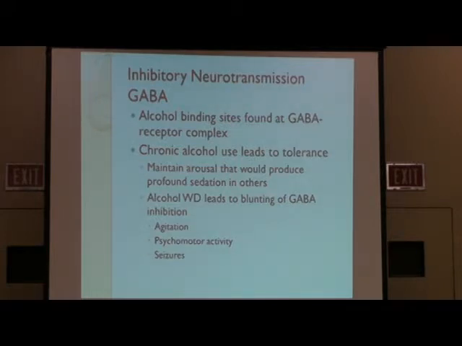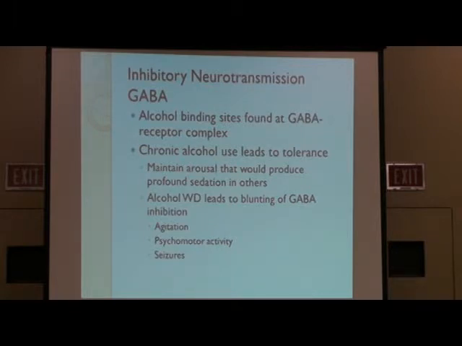Another receptor that alcohol can bind to is the inhibitory receptor, the GABA receptor. Again, in chronic alcohol use, you get a change in the receptor response such that you get upregulation, so that chronic alcohol use leads to tolerance. You can see patients who, in another setting, might not be able to tolerate the extent to which the alcohol is attaching to those receptors.